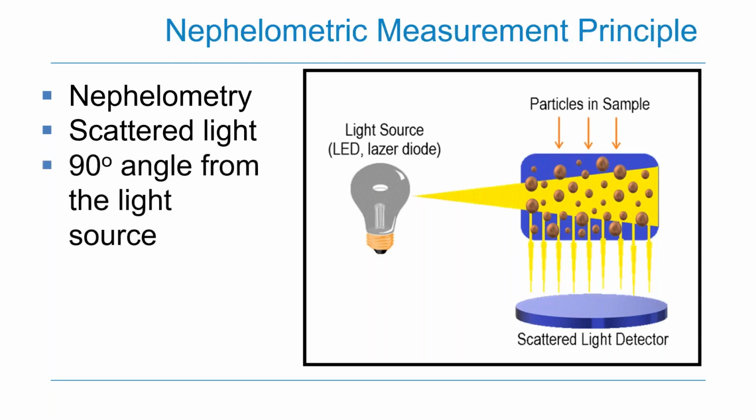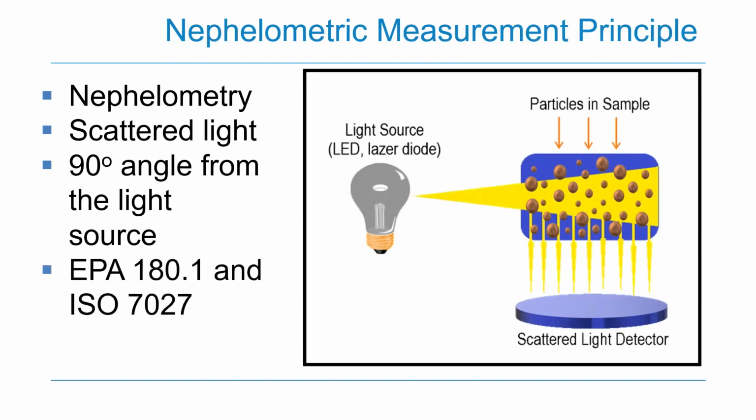We're measuring the scattering at 90-degree angles from the light source. We use the 90-degree incident angle because, again, it's least sensitive to variations in particle sizes, but it's also what EPA has included in their methods.